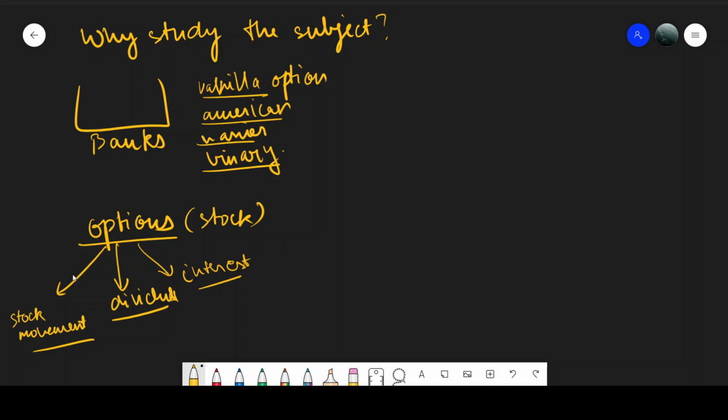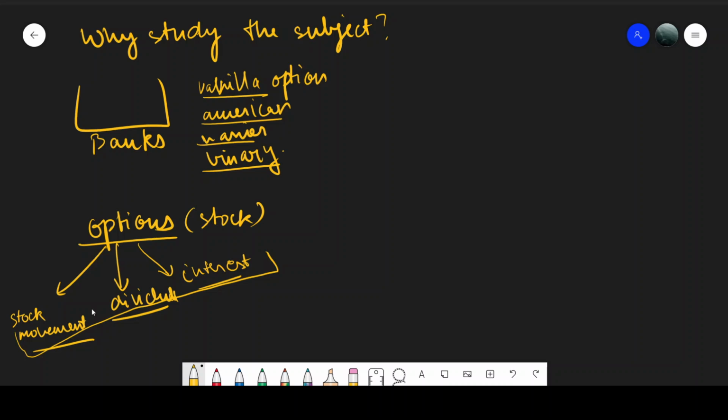And if there are lots of things that the option derives its value from, and these things keep changing over time, pricing an option can get very complicated. So how do you price the option in a way that it's neither advantageous to the buyer nor to the seller? That means it's not favorable to the buyer, neither is it favorable to the seller.